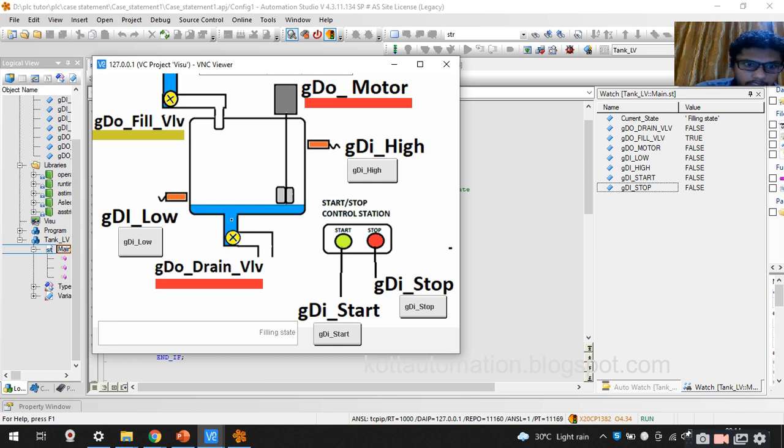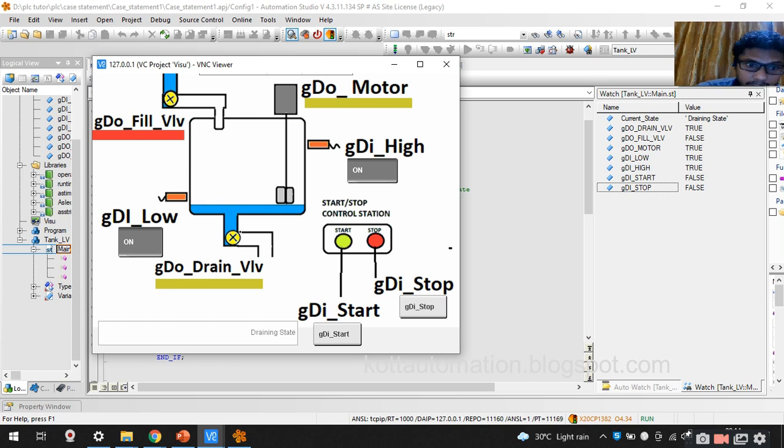Now slowly as the water rises up, my lower sensor becomes high first. After that, as the water rises and comes to the high level sensor, my high level sensor will also get on. When both my sensors are on, my filling valve is getting off, and my motor and the drain valve will start draining.